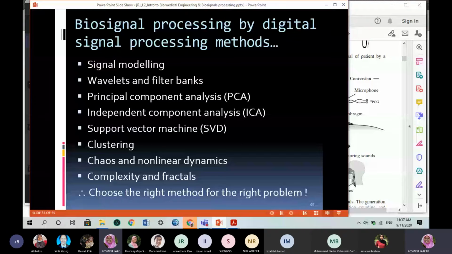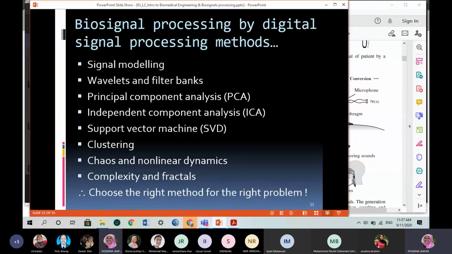Okay. Then you can also do support vector machine. This one is also part of artificial intelligence. This involves mathematical transformation of the signals, and you do the support.